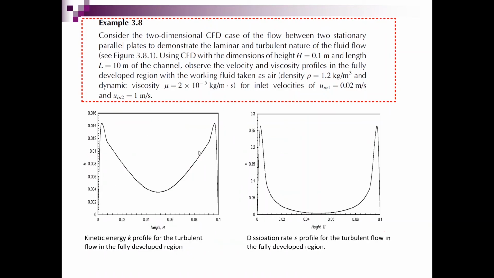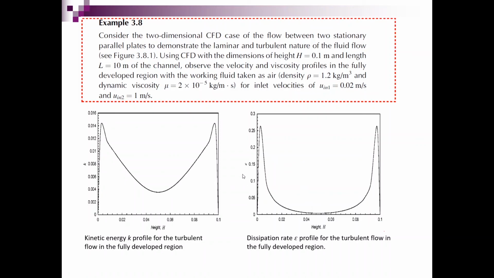As it goes towards the center line of the channel, you can see that the kinetic energy is reducing. The same goes for the dissipation rate. But if we look at the ratio, the kinetic energy still has quite a significant value, while the dissipation rate near the center line of the channel is very small.